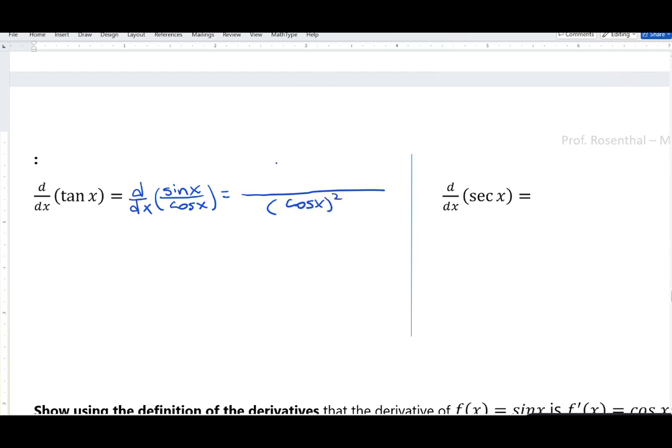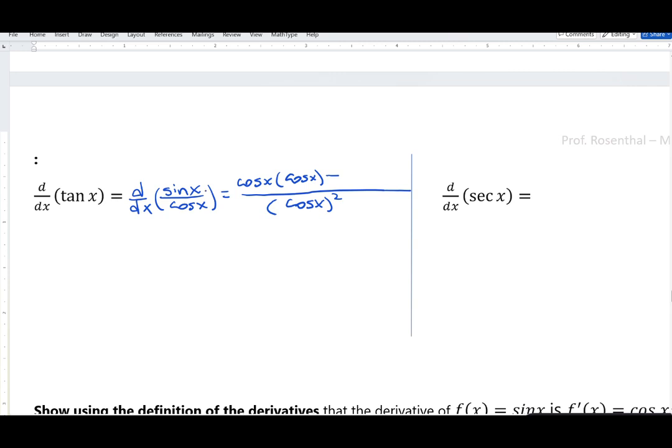For the numerator, we're going to have lower times derivative of the higher. So that's cosine x times derivative of sine x. Derivative of sine is cosine, minus higher, the one that appears on the top, times the derivative of the bottom.